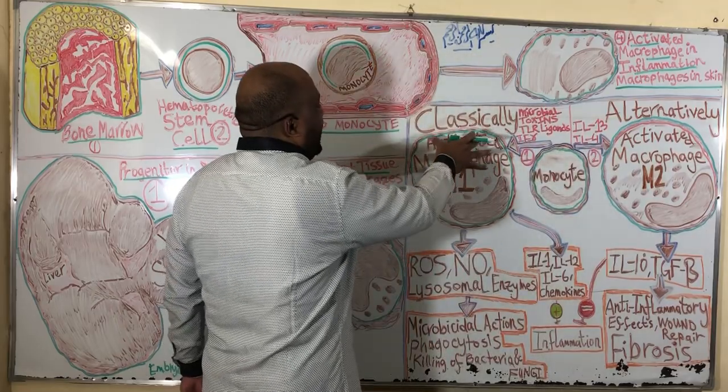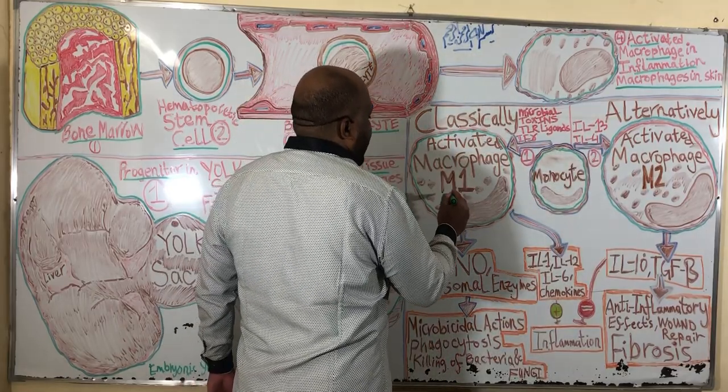The first path is called the classically activated macrophage M1.